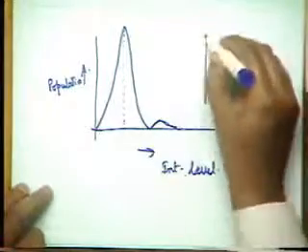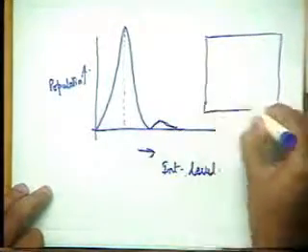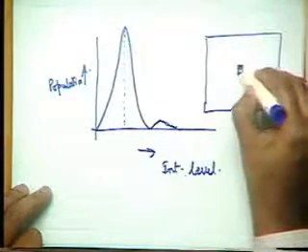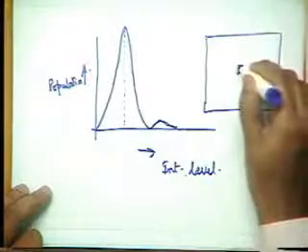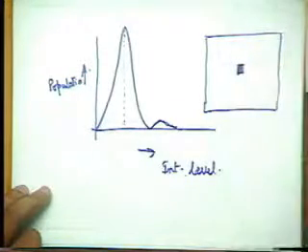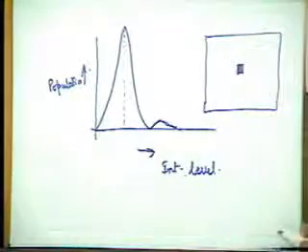The image is something like this. We have an image of this nature, and there is a very small object having bright intensity. Whatever I am indicating with a blue shade here is the bright intensity, and remaining everything is dark.